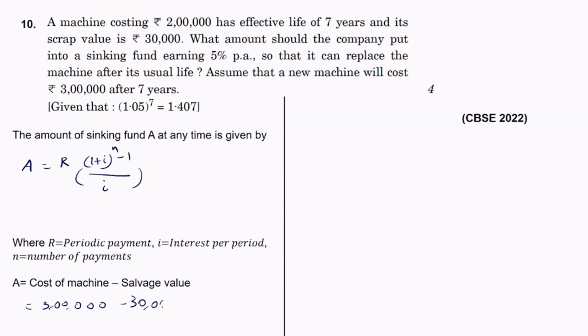So A is 3 lakh minus 30,000, which is rupees 2,70,000. So this is A. So using this as the lump sum amount to be accumulated, we have to find the periodic payment R. So here we have A as 2,70,000, then I is given as 5% per annum.